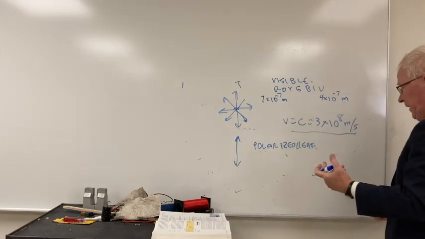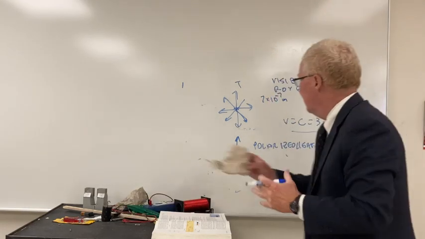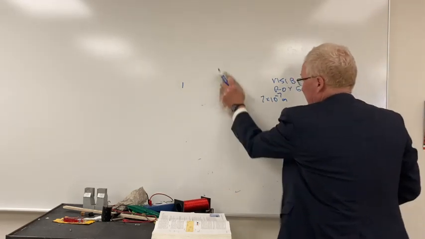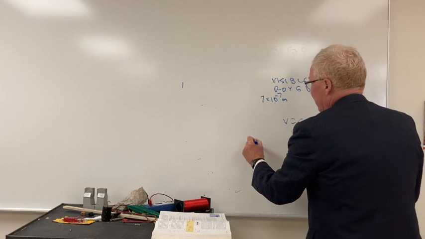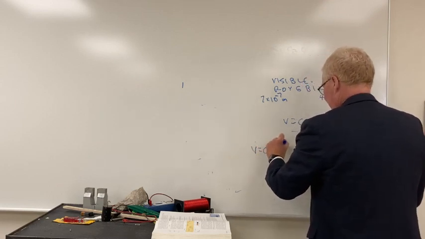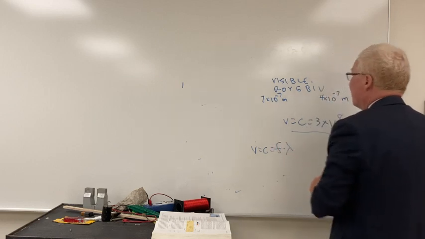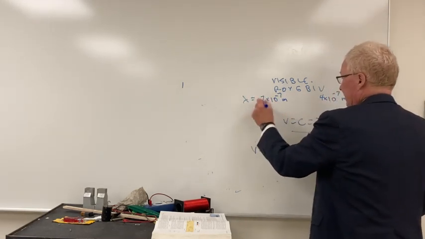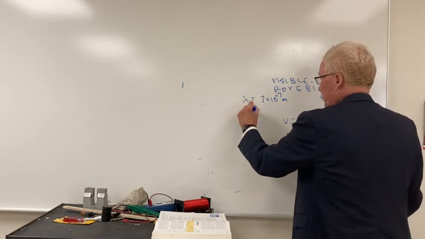Based on the relationship that speed, which in this case is C, equals frequency times wavelength, this would be a wavelength of that, and this would be a frequency.